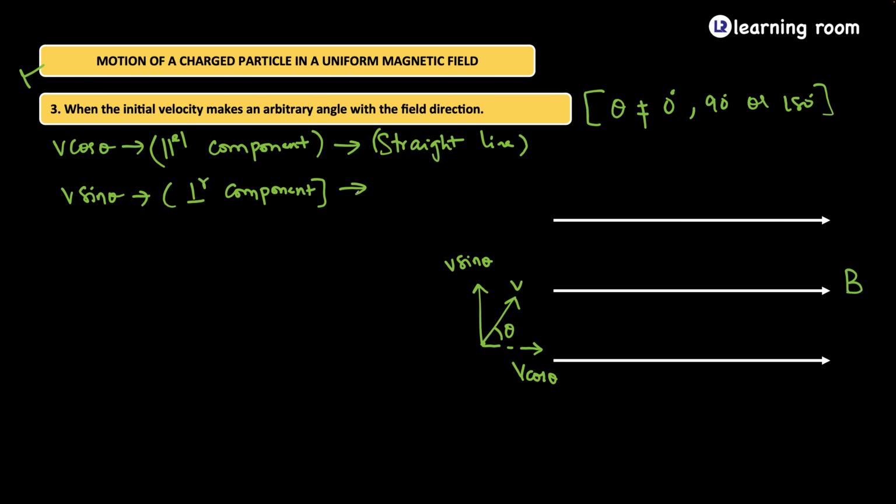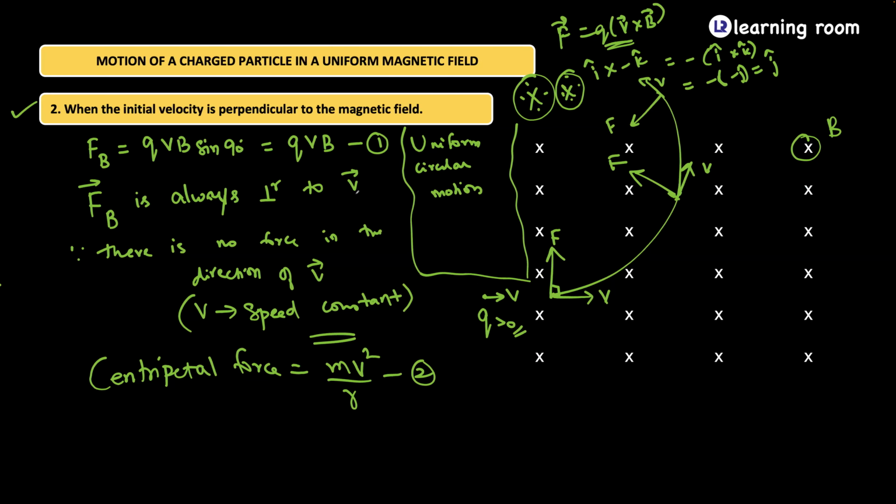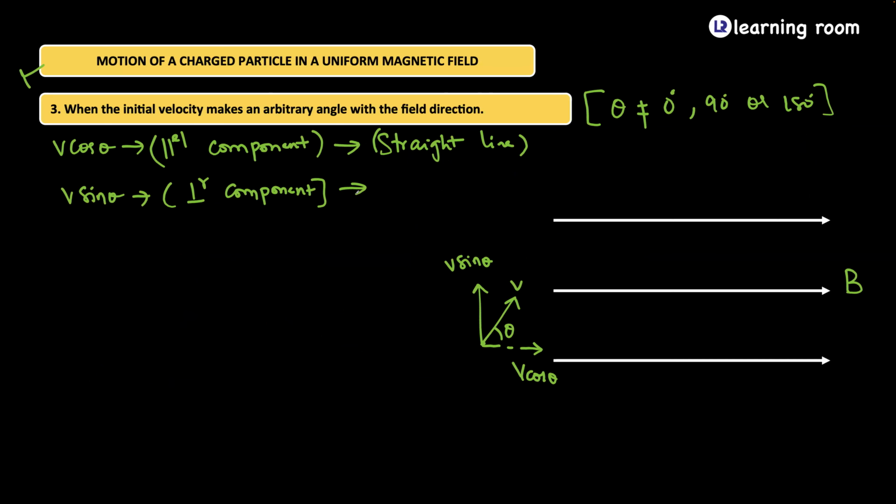So what happened in the case where you have the velocity perpendicular to the magnetic field? The particle was put into circular motion, right? So what will happen here? The particle will travel in a circular path. Is the point clear? Right. First, make a note of this.